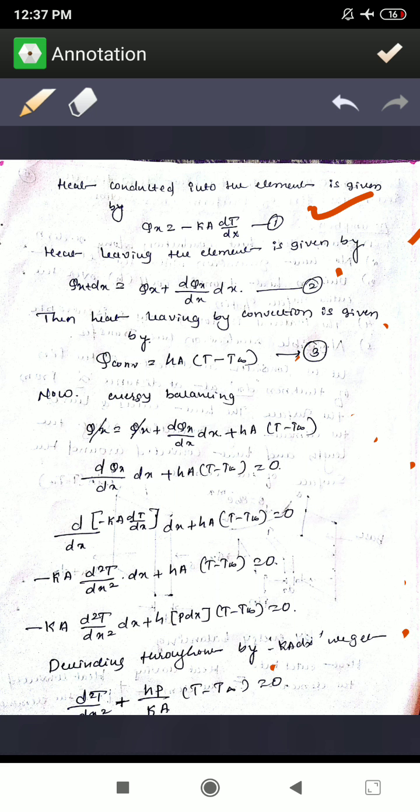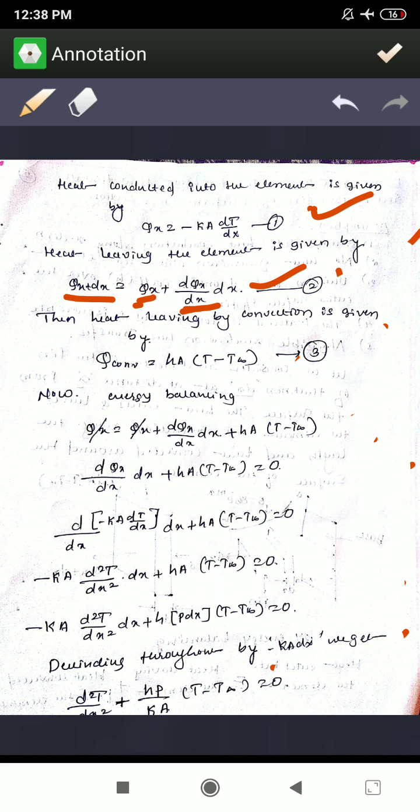Similarly, heat leaving the element is given by qx plus dx, that is qx plus dq, the differentiation of this along the x thickness.